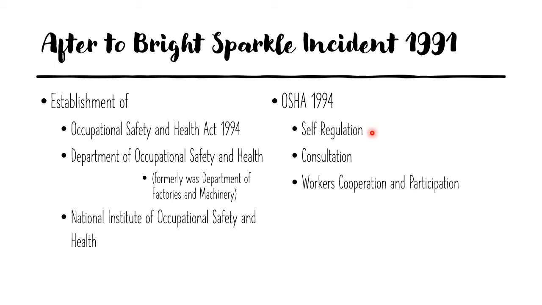The responsibility to manage or regulate safety and health issues is transferred to the owner of the business, industry or organization itself. So the organization must know what kind of hazards they have and must know how to control those hazards. That is called self-regulation.